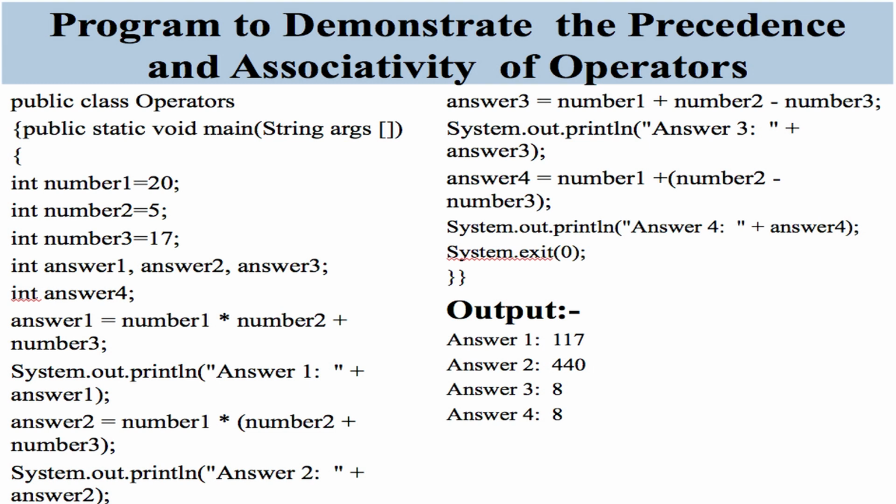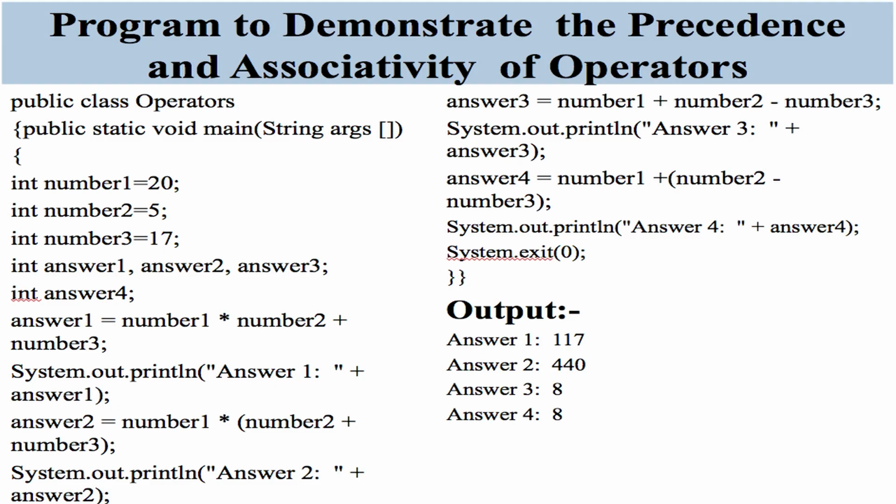Now see answer 2. Answer 2 equals answer 1 multiply, then a bracket is started, number 2 plus number 3. This bracket has higher priority than multiplication. So first of all, the value inside the bracket will be calculated, processed, and then multiplication will happen. In the first half of this table, System.out.println, you can see the output of answer 2.